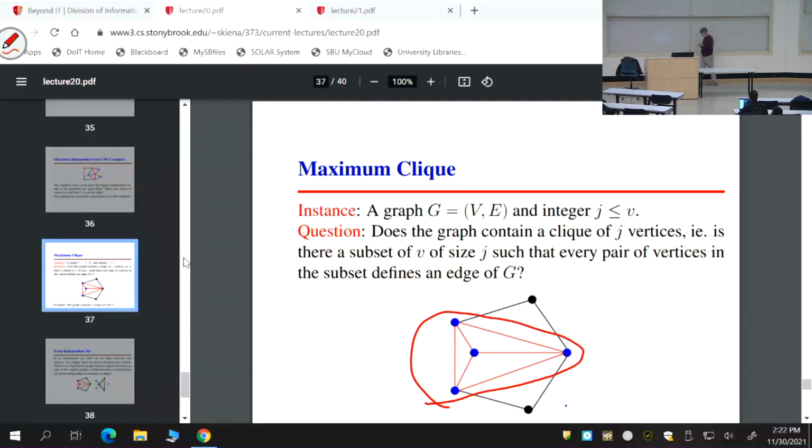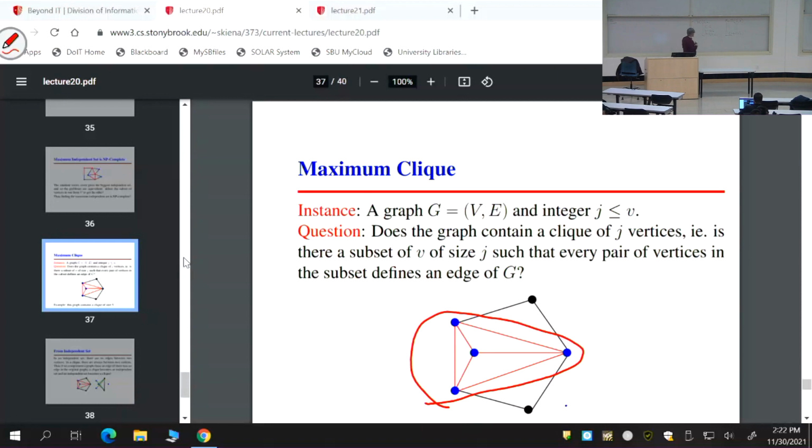Let's come back here again. Maximum independent set took as input what? It took as input a graph G and asked, are there k vertices such that none of them have friends between them?